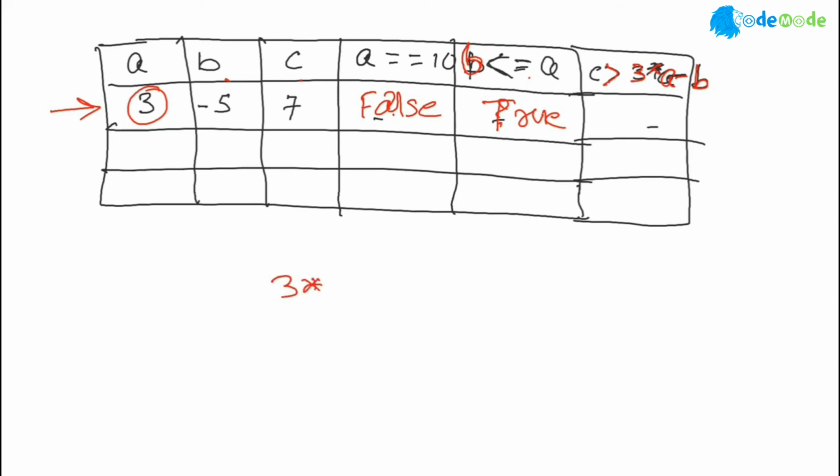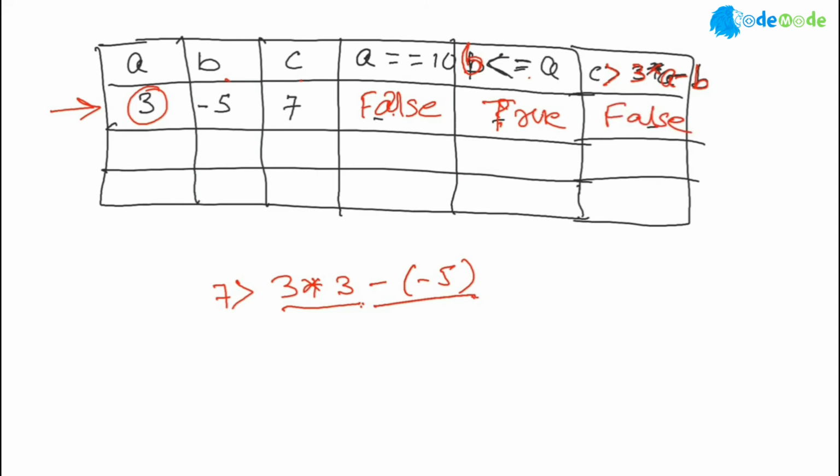Wait, no, it would be false. Correct? This is how you have to do it. Substitute the value and pay attention. Multiplication will happen before subtraction. So this will be false.